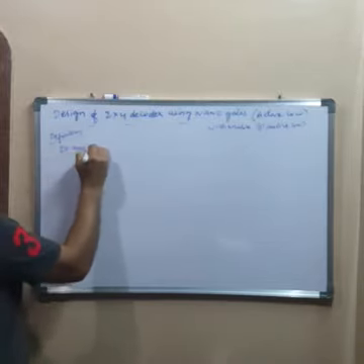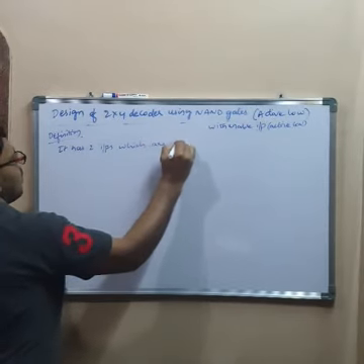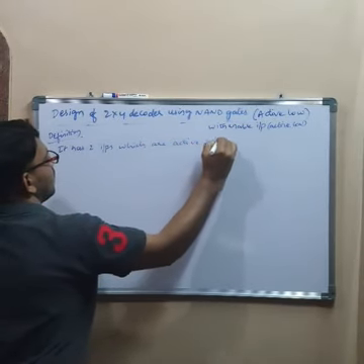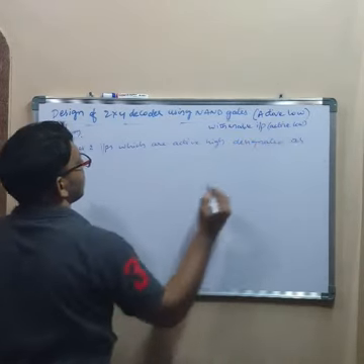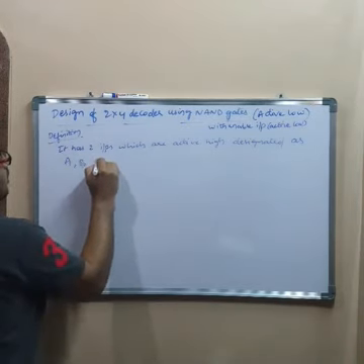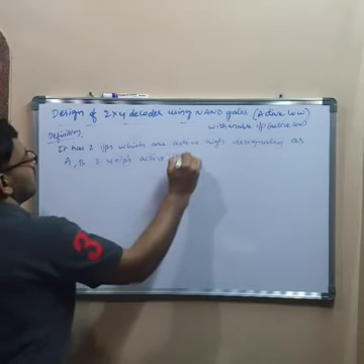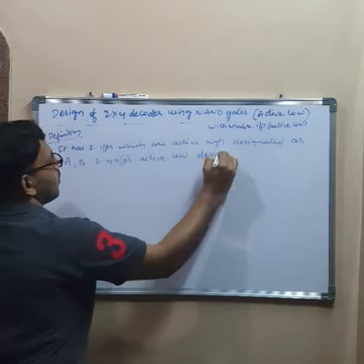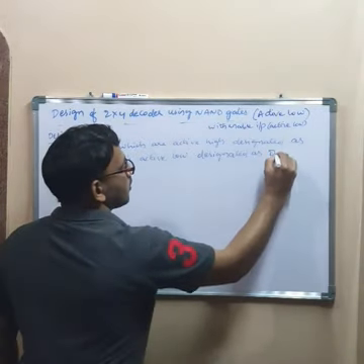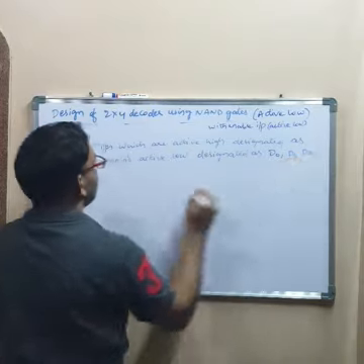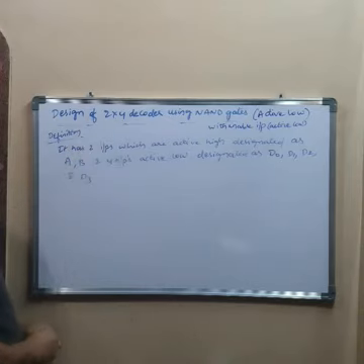It has 2 inputs which are active high, designated as A, B, and 4 outputs, active low, designated as B0, B1, B2 and B3, right?